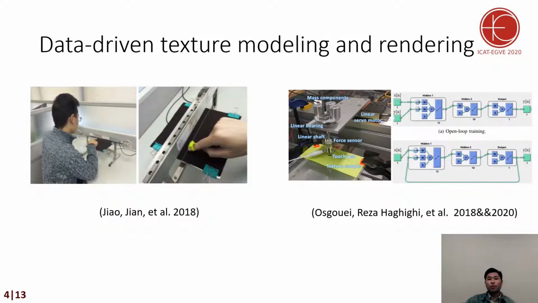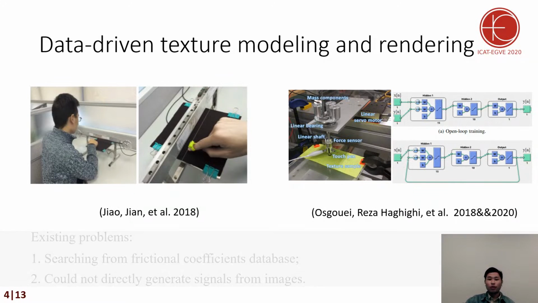How to solve these problems? Well, a data-driven method could be used for texture modeling and rendering. Firstly, the frictional coefficient signals should be manually collected to build a database, and then we search the frictional coefficient database to get the target fabric texture characteristics. There are also some works focusing on implementing regression models for signal prediction.